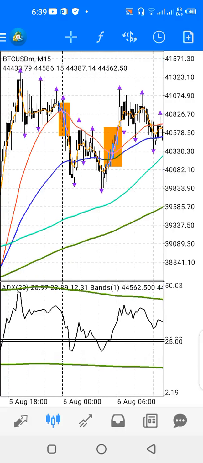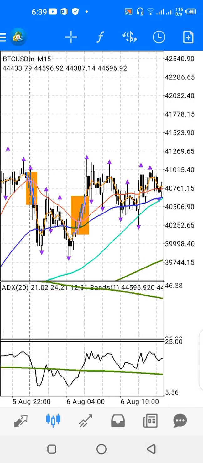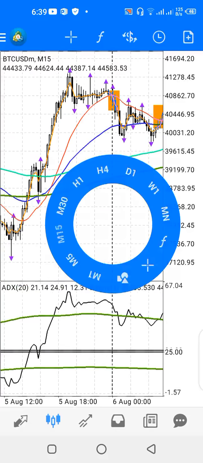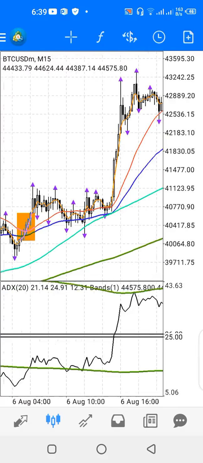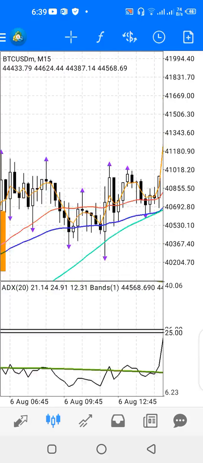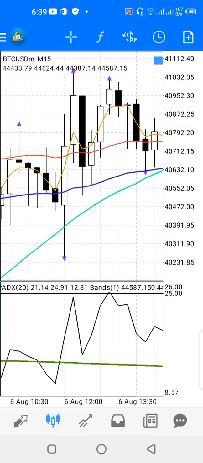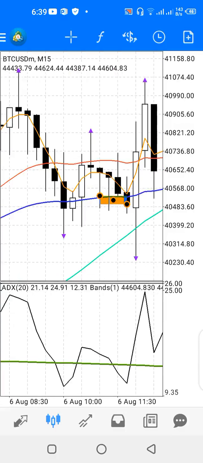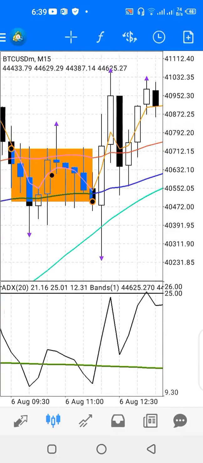Then you also have the price dipping somewhere around here. You can see it going into the red line.